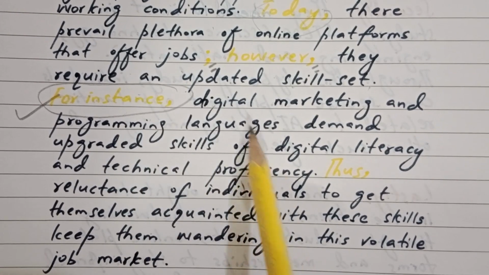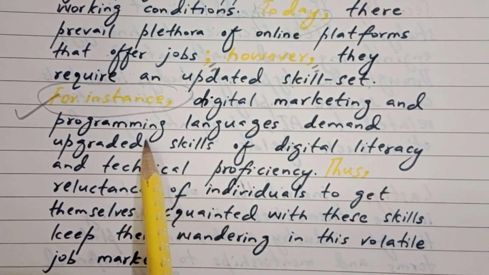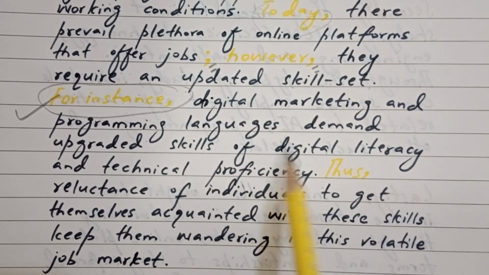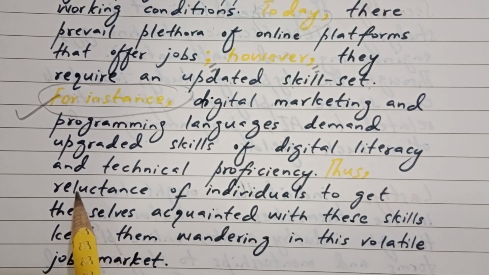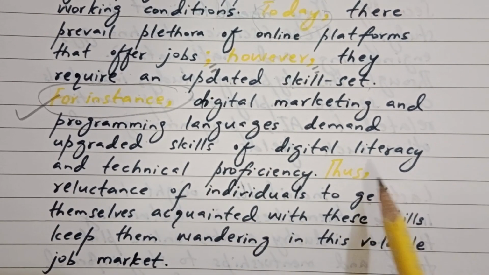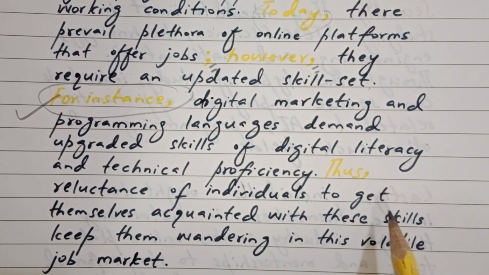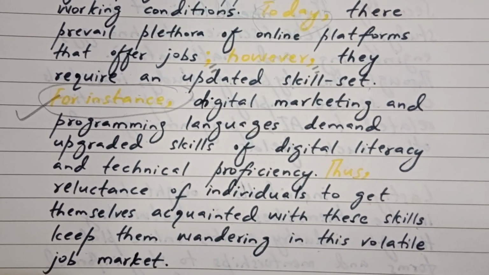For instance, digital marketing and programming languages demand upgraded skills of digital literacy and technical proficiency. Thus, reluctance of individuals to get themselves acquainted with these skills keeps them wandering in this volatile job market.